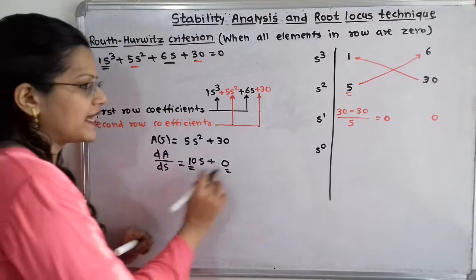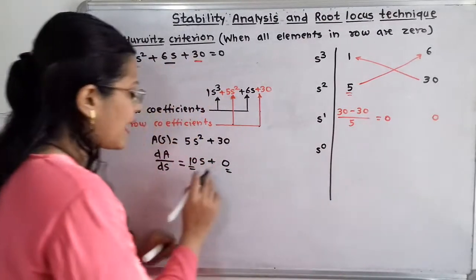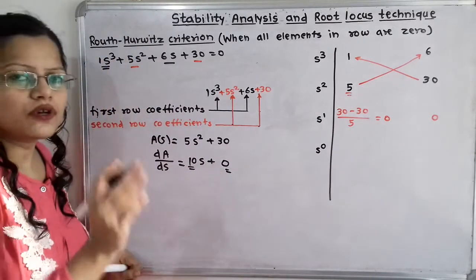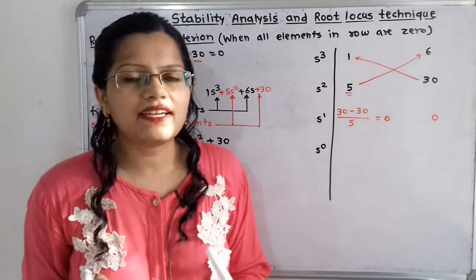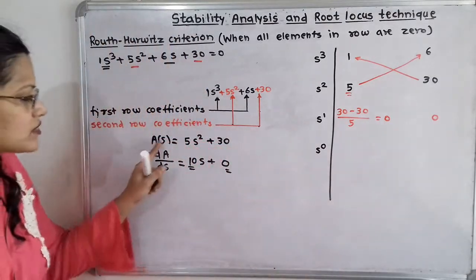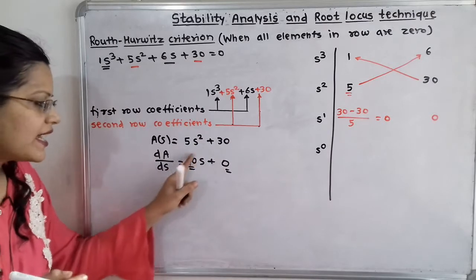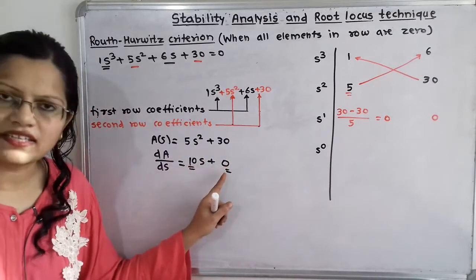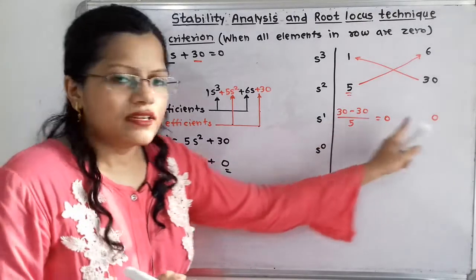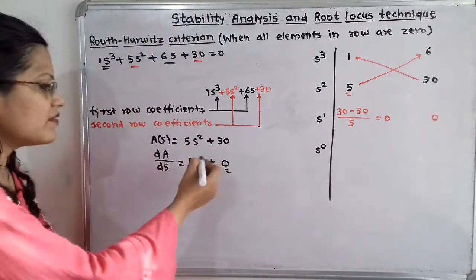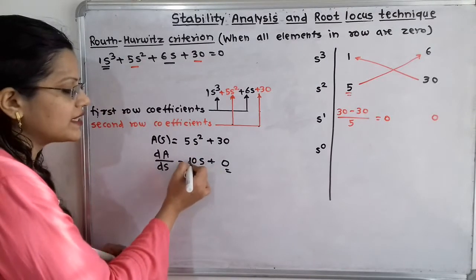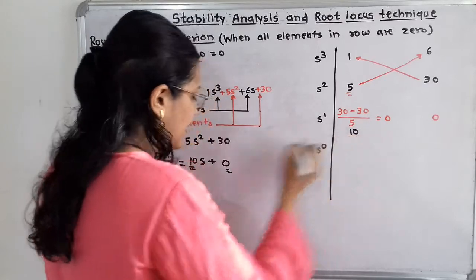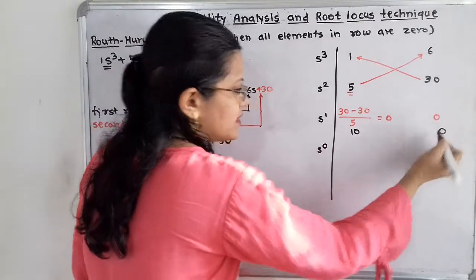So instead of the zeros, we have to consider these two numbers, 10 and 0. This is a very important step: we differentiate the auxiliary equation with respect to S, and whatever is the resulting equation, we select its coefficients as the numbers in that row. So for S raised to 1, the coefficient is 10. So instead of 0, I will take 10 here, and then the next number is 0, so I will select 0.